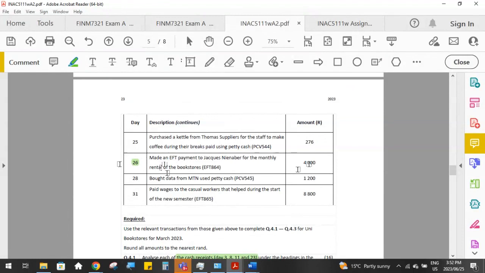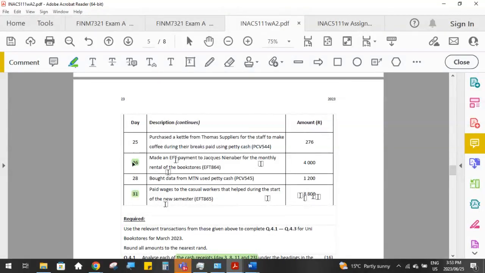And remember that monthly rental, because this is business rental, it does include VAT. So that 4,000 Rand would be inclusive of that. And then the last one on the 31st, we paid wages to the casual workers. So that's 8,800. And remember, wages and salaries will never include VAT.